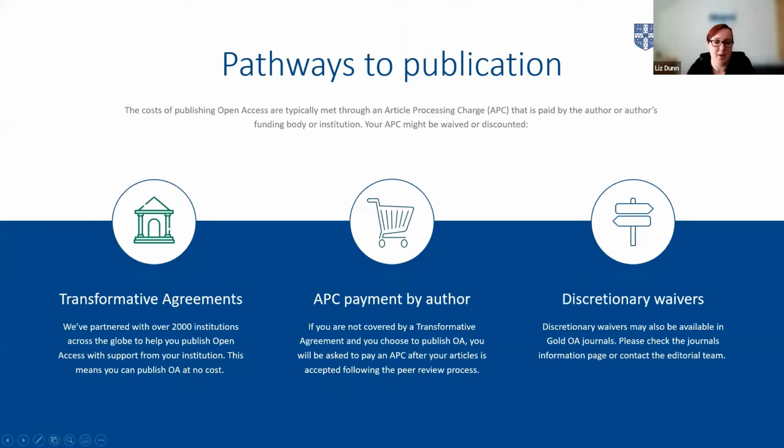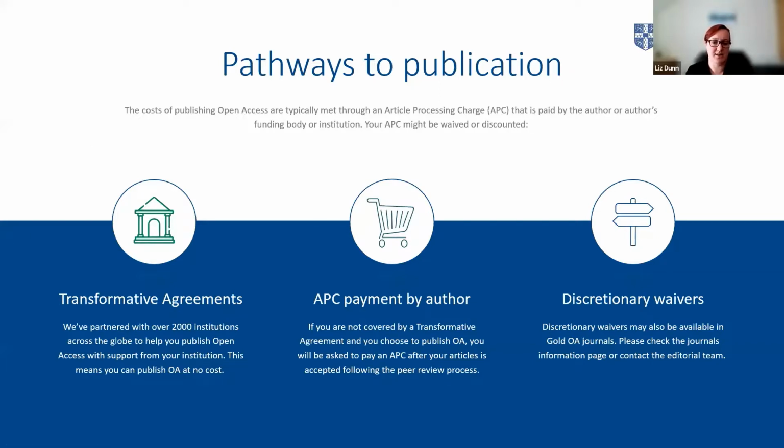Publishing open access typically incurs an article processing charge, an APC, and this charge is usually paid by the author's funding body or the author's institution. Increasingly, we're making agreements with institutions called transformative agreements, and you may have heard the term read and publish, which is a type of transformative agreement.